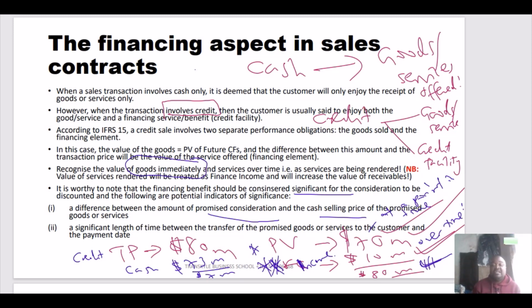You can see that if we had recognized the whole 80 million as revenue, we would have overstated revenue by such a significant figure. The required entry was that revenue was supposed to be 70 million and the other income 10 million. So if we had skipped this part, then the revenue would be overstated by almost 10 million.